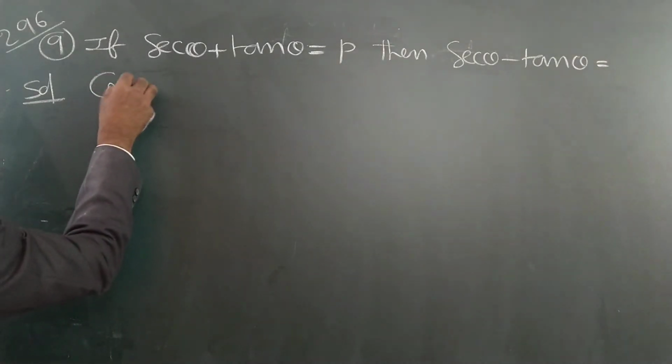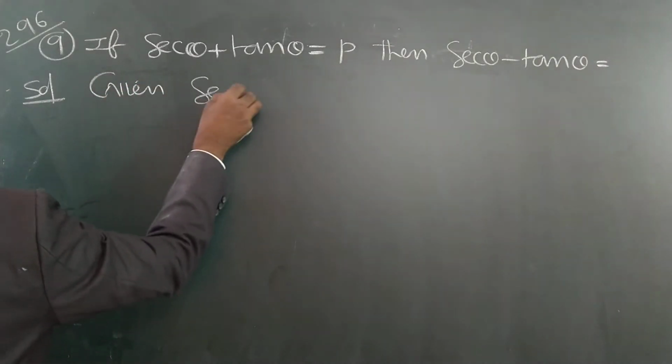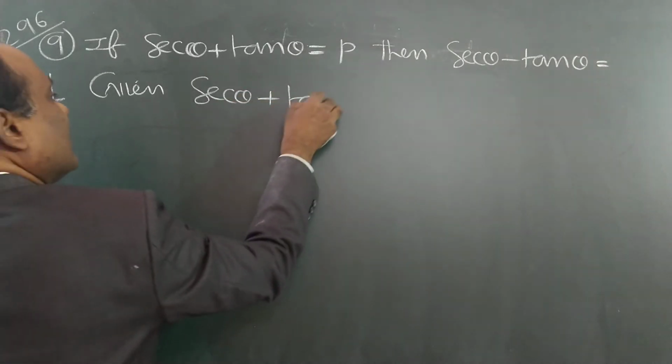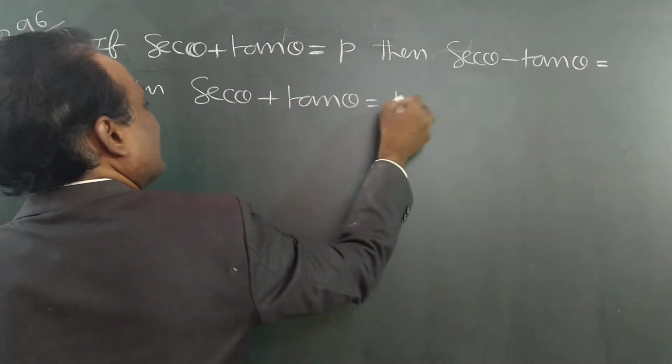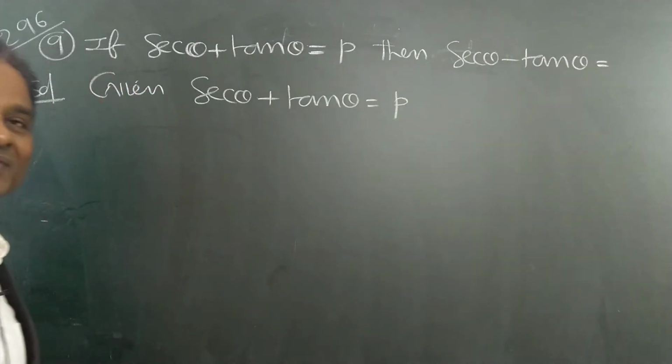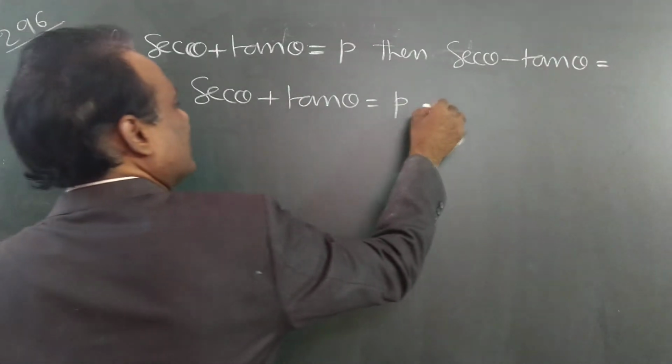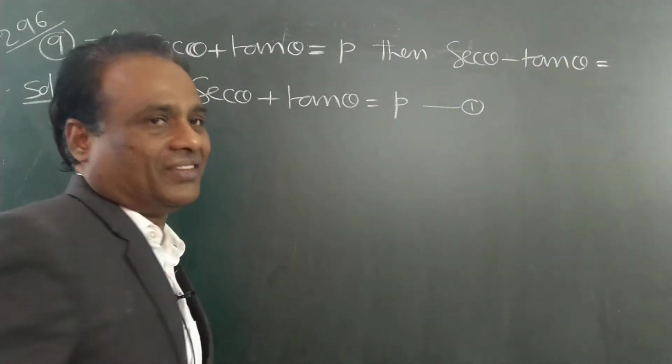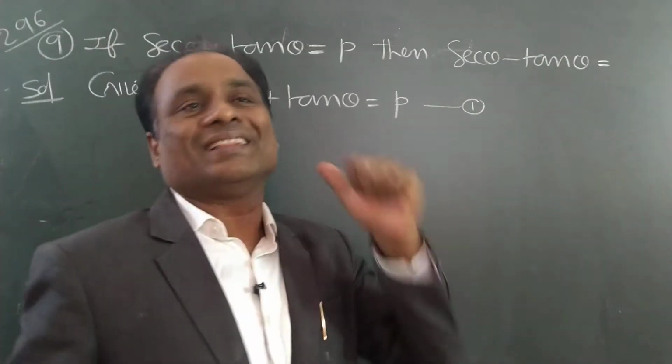Given: what is given? Secant theta plus tan theta is equal to P. This is given. What is secant theta minus tan theta?